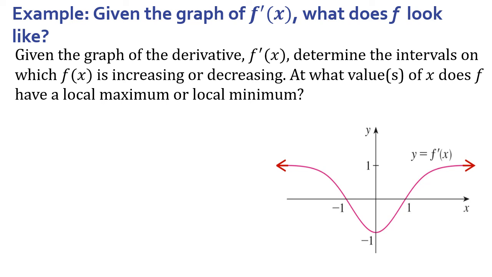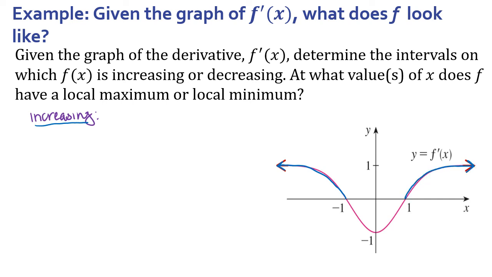Okay, so again here we say that a function is increasing where the first derivative is positive. So that first derivative, I should do this in blue to stay consistent. So that first derivative is positive on this interval, and it's positive on this interval.